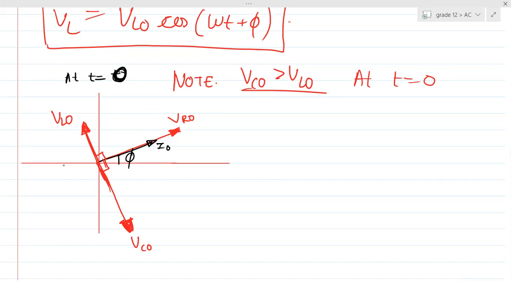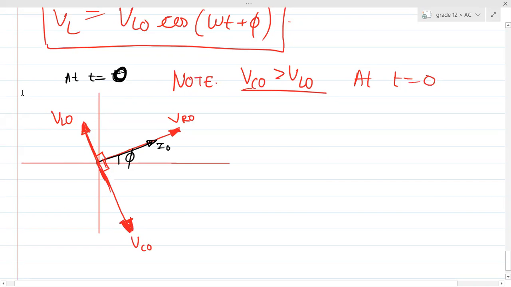Guys, are they in the same line? Yes, sir. Since the angle between them is 180 degrees, they are lying along the same line, right? But in opposite direction. Yes or no? So can I just add these two vectors, just like what I did in the case of vectors, right?